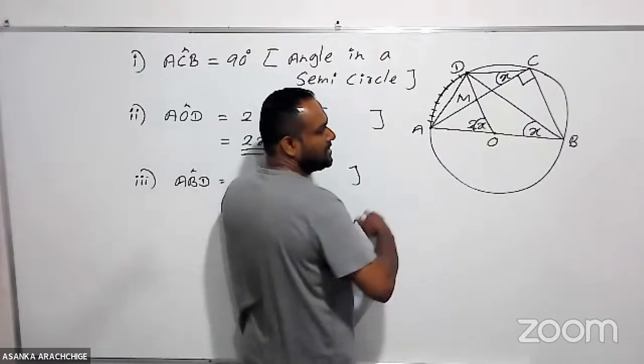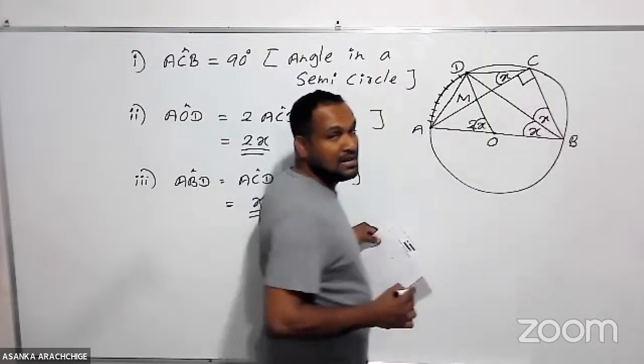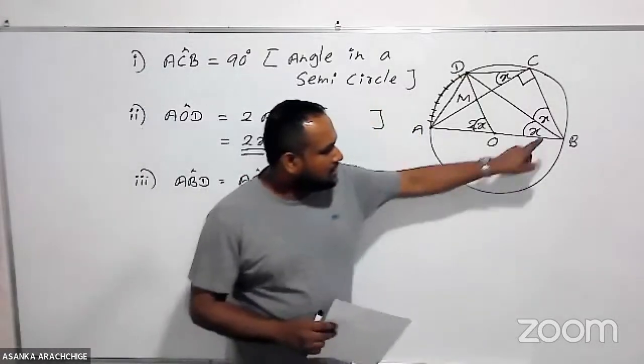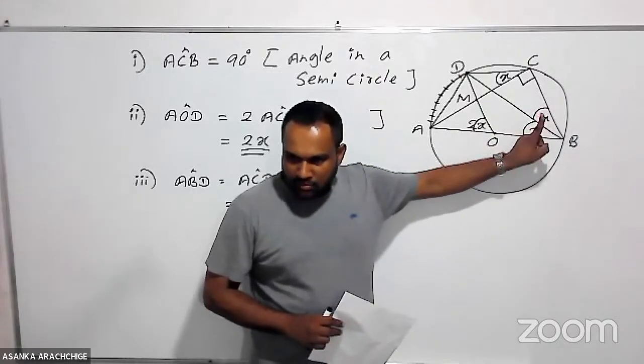That means if this is x, this angle also must be x. Clear? And then you can put x here. Understood? You got what I said?